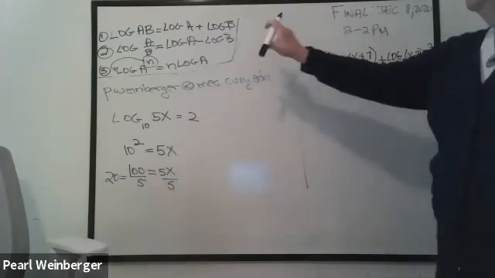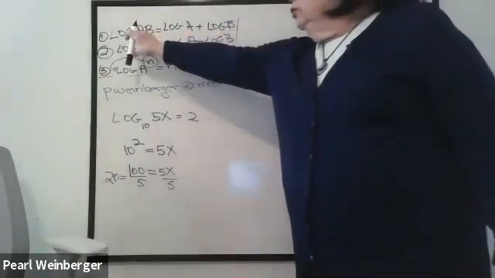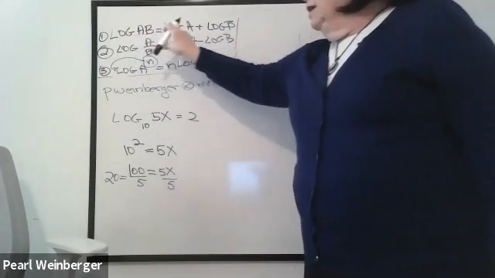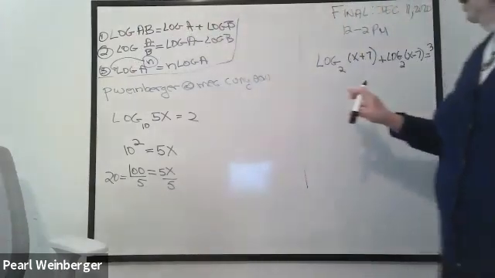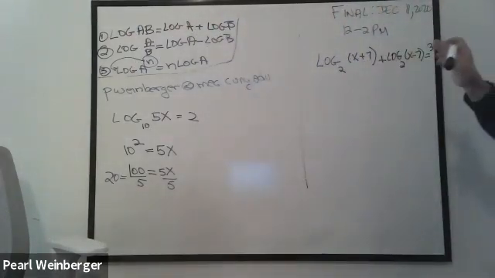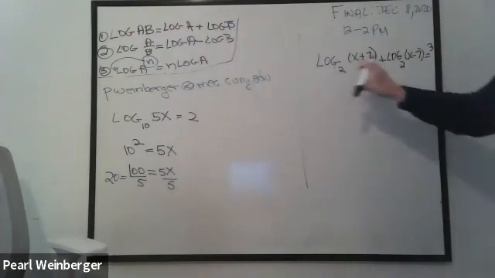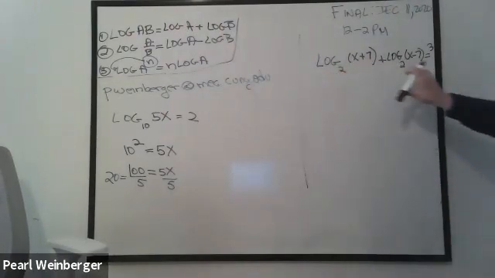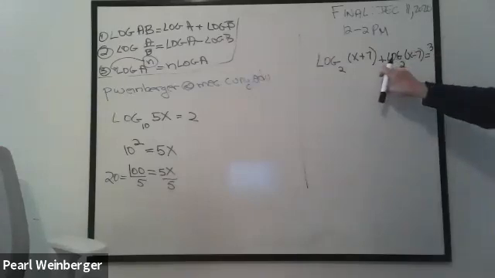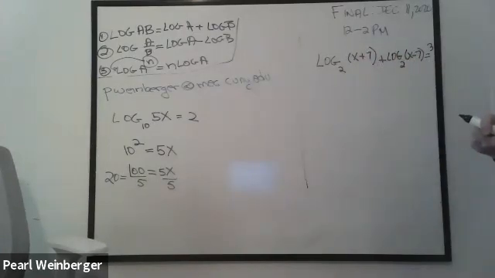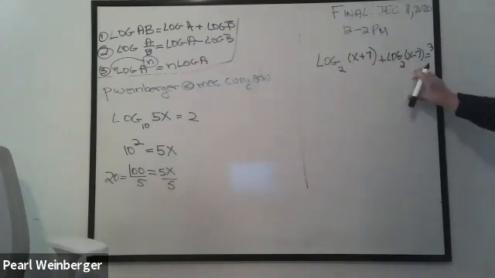But I remember that any of these rules that I talked about, for example, log AB equals log A plus log B, any of those rules go both ways. If I have 2 logs being added, I know that originally what must have been happening is that these 2 numbers must have been multiplied. Remember, the logs are the exponents.